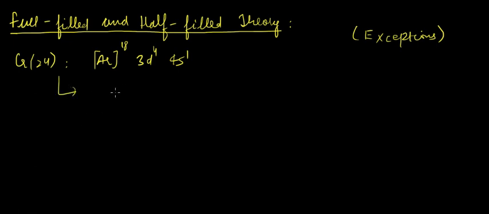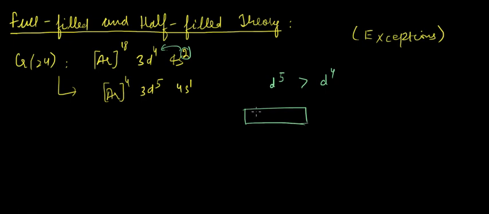And then actually what happens is, as 3d5 would be more stable, hence one of the electrons from 4s transfers itself from s orbital to d orbital, as here we get a half-filled d orbital. So d orbital with 5 electrons is more stable than d orbital with 4 electrons, as it gets half filled. This is more stable than this one.